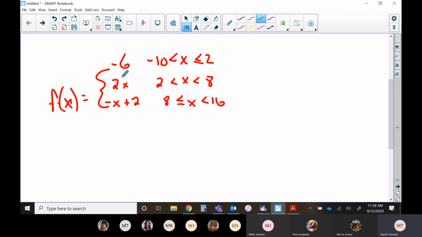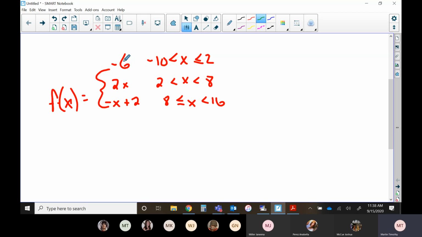Because this is a constant, I know no matter what I put in for X here, it's not going to change. What's my output always going to stay for this section? Careful. My output's always going to be -6. If I put in -10, what's it going to kick out? If I put in a -9, what's going to kick out? If I put in a -1?